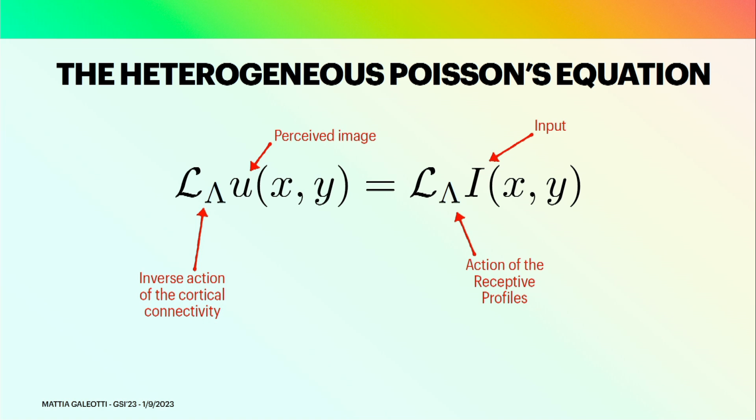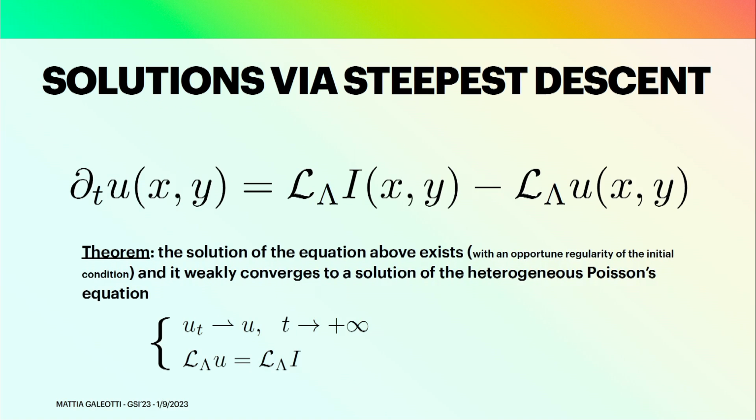So from now on, I'm going to show some reconstruction made through this heterogeneous Poisson's equation, but first I have to say that we use steepest descent in order to solve this equation.